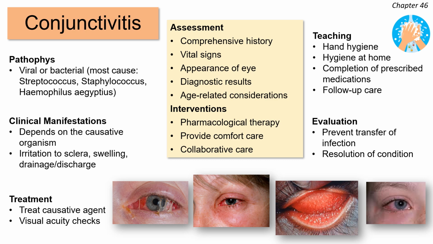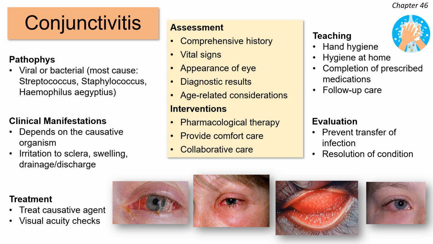Age-related considerations, this affects everybody of all ages, so no age group is more at risk than another. Pharmacological therapy is going to include drops, depending on what the eye problem is. It can be antibiotics, antiviral, it can be just plain, normal saline.